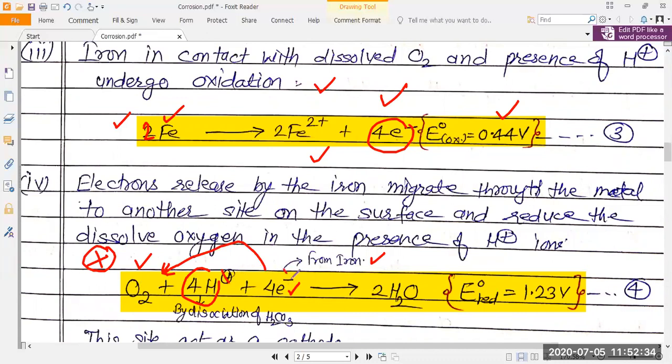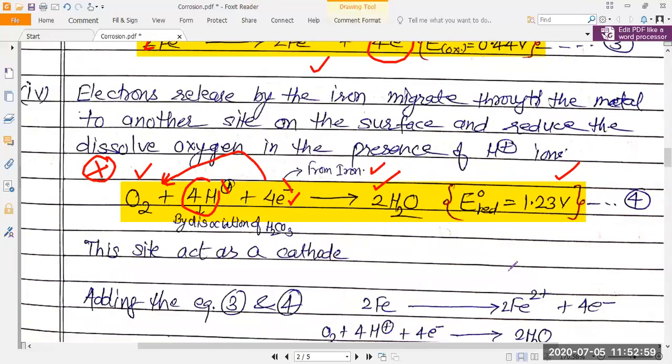So both charges cancel each other. So oxygen reacts with 4H plus to form water molecules. It acts as the cathode terminal or cathode electrode of the electrochemical cell, and the electrode reduction potential of the cathodic cell is 1.23 volt, and let this be equation number 4.